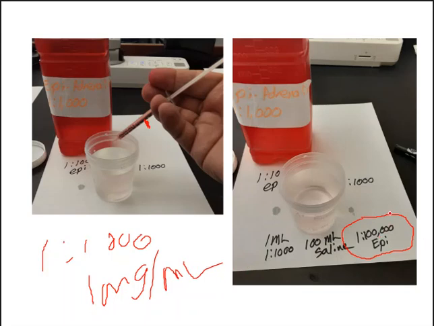This 1 to 100,000 would actually work out to being a 0.01 milligram per milliliter. So you see how small this is. That's the reason we're using this 1 to 1,000 ratio.